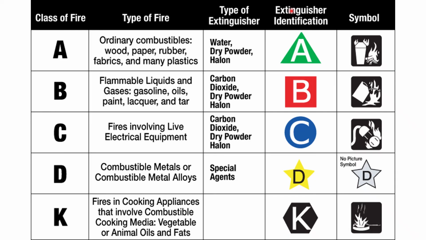Pressurized water extinguishers as well as foam and multipurpose dry chemical types are used for Class A fires. Multipurpose dry chemical and carbon dioxide extinguishers are used for Class B and C fires. Halogenated hydrocarbon extinguishers are particularly recommended for use with computer equipment.